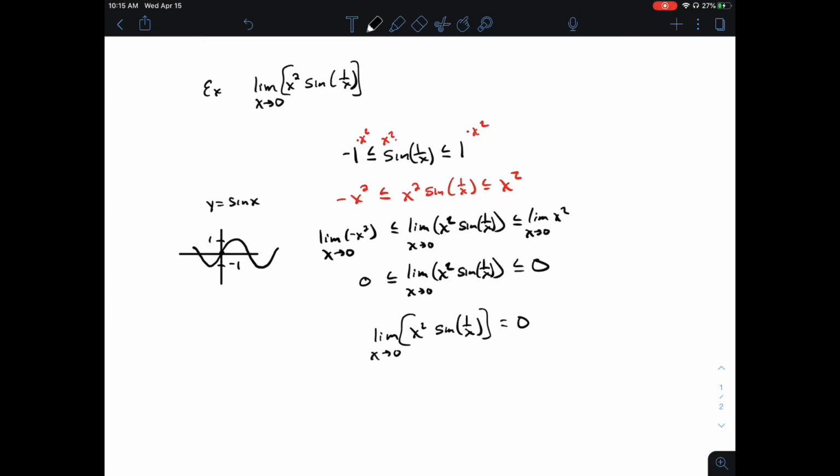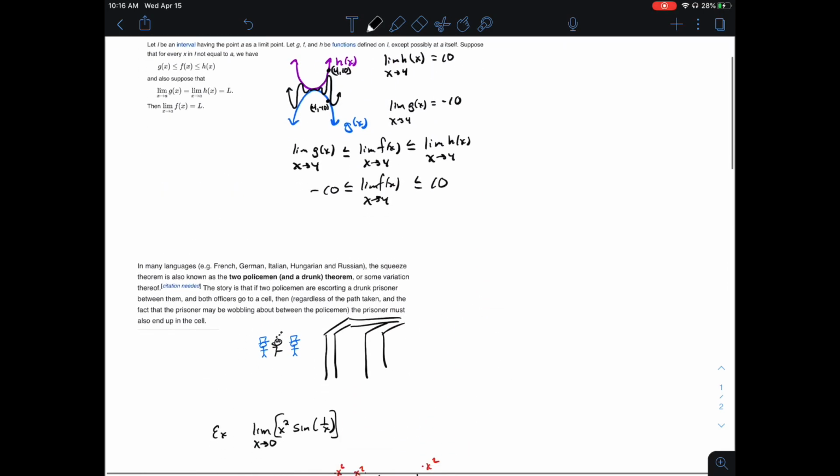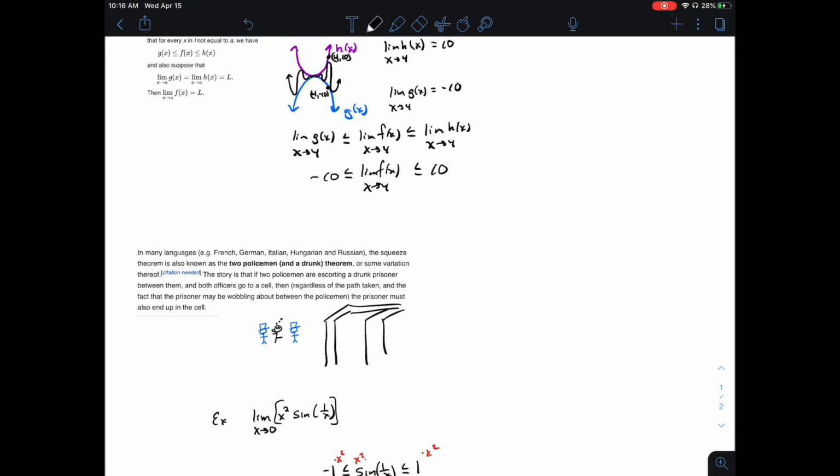It is highly unlikely that they're going to ask you about the squeeze theorem on this test. And if they do, I can almost assure you that you could figure out the answer using a different method than the squeeze theorem. So there's an example, there's a formal definition, and the two officers and a drunk theorem. Hopefully that made some sense to you.